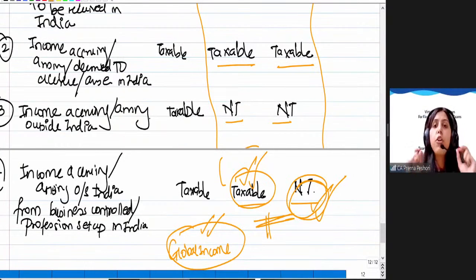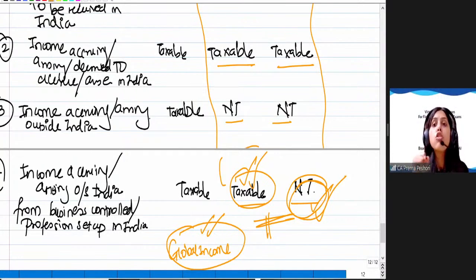Third, deemed residents are also put under the RNOR category. Why is that so? Because you don't need to check any additional conditions for them; the number of days of stay doesn't matter for them. So if they are RNOR, the tax rates of a resident will apply and not of a non-resident.